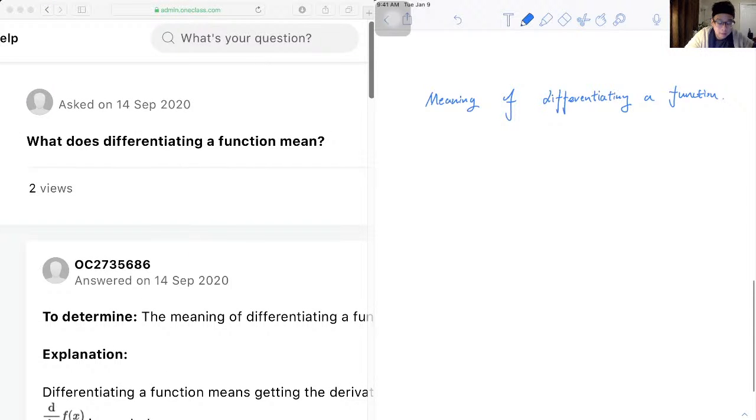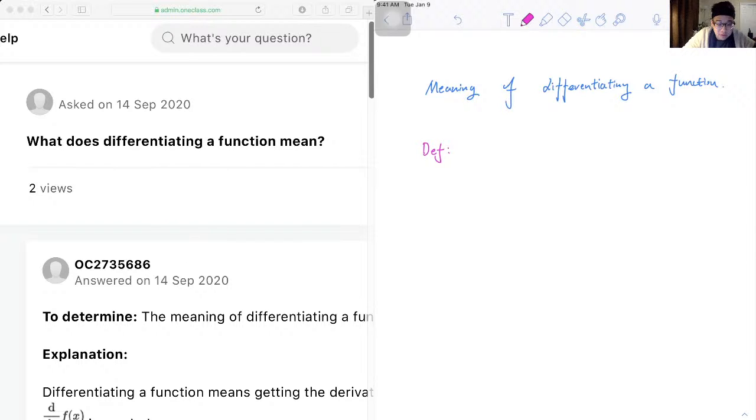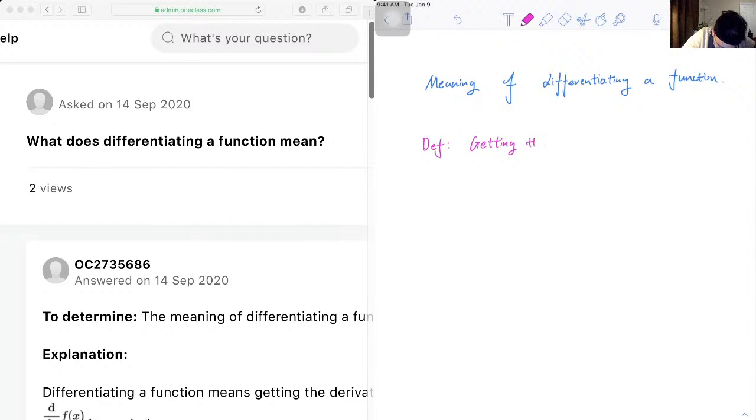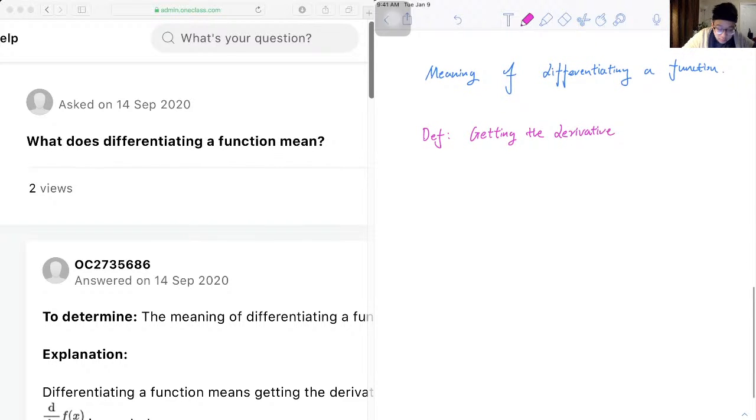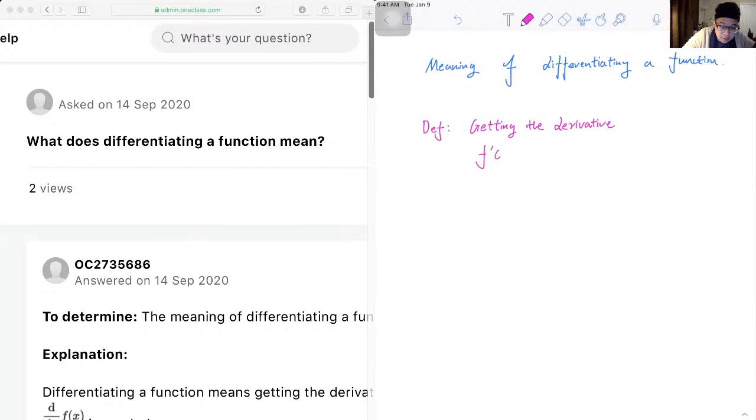All right, so let's write the definition here. Differentiating a function just means that we need to get the derivative. Let's write down the keyword: getting the derivative, or it can be represented by d/dx f(x).